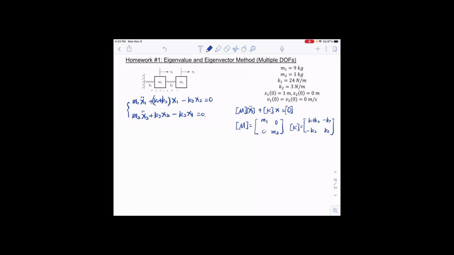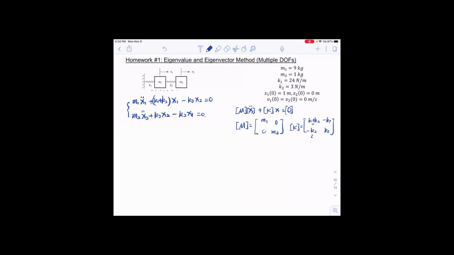As I said, the diagonal terms describe, for example, entry 1,1, all the springs connected to mass number 1. All the off-diagonal terms should be negative, and they describe the springs between these two coordinates. All right, so you have M and K.